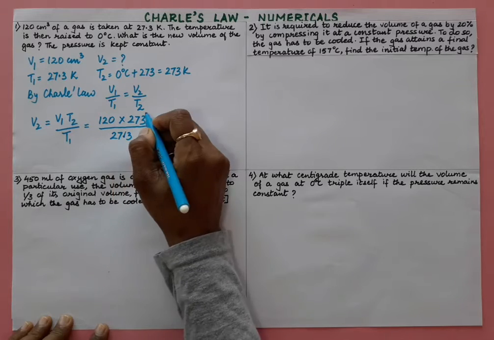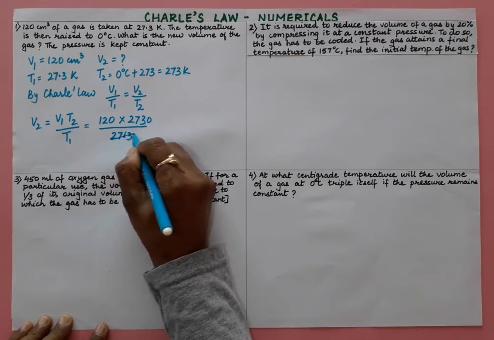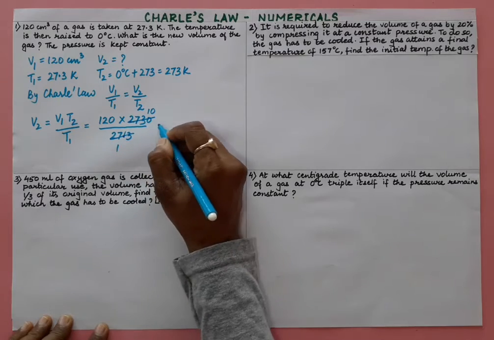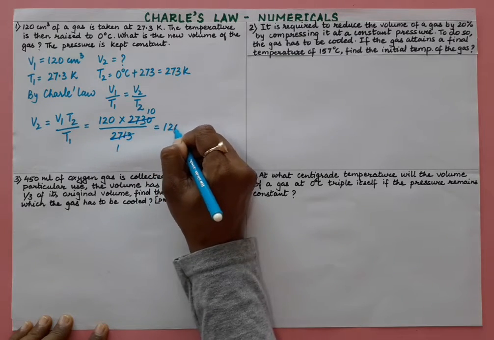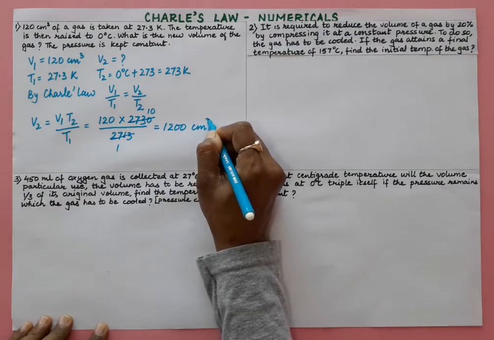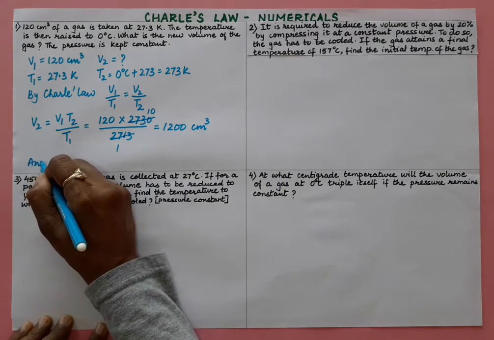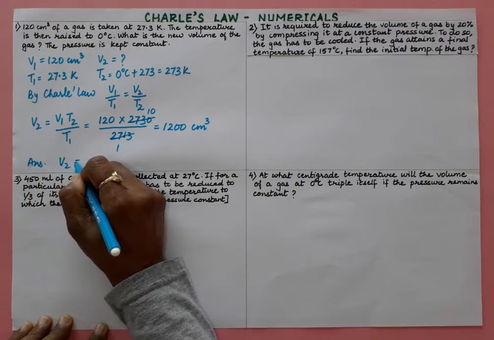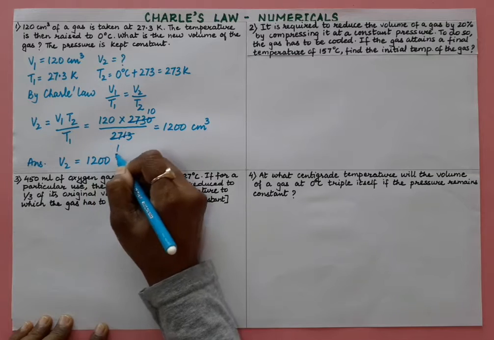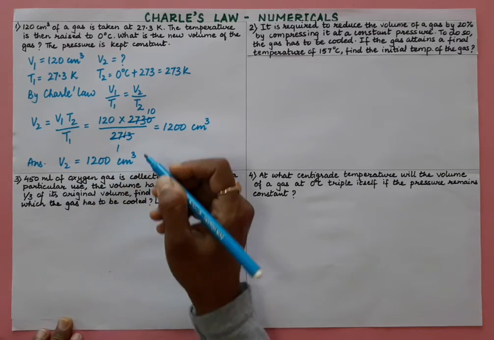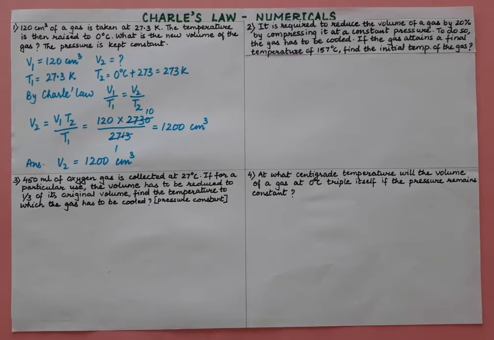Remove the decimal and put 0 up, cancel, and you get 1200 centimeter cube as the volume. So the answer is V2 is equal to 1200 centimeter cube. This is how you solve the numericals of Charles law.